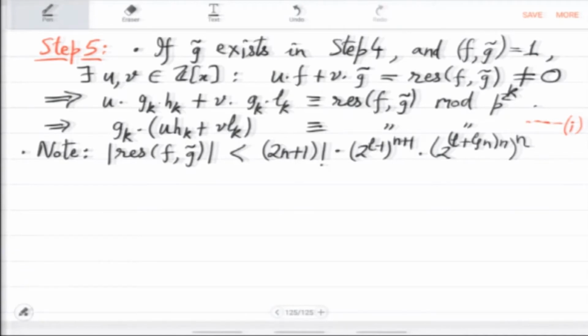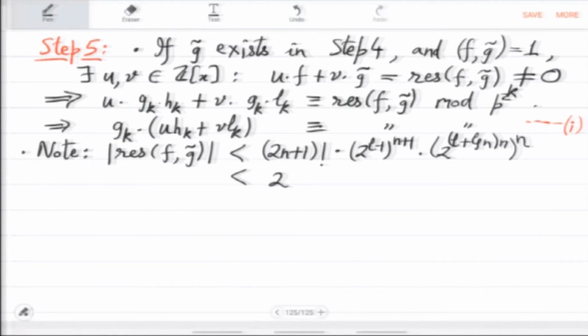Which you can see is smaller than 2 raised to, how much do you get? This comes out to be around n square times L, right, and we have picked 2 raised to k sufficiently large.